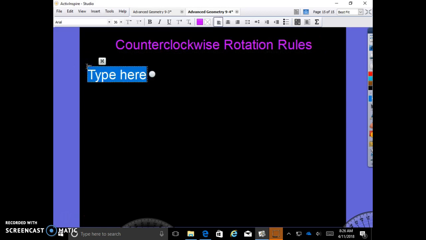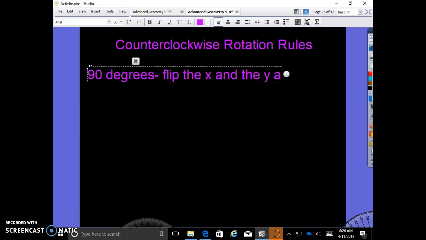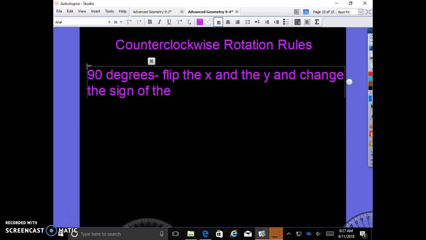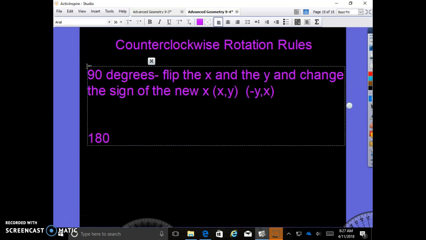So we have 90 degrees: flip the X and the Y, and change the sign of the new X. So this is going to be like X, Y becomes negative Y, comma, X. Leave space because I'm going to add stuff to this.